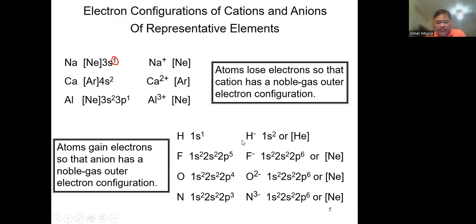As much as possible, atoms become more stable if they have the same electron configuration as the noble gas, because the noble gases are stable elements. That's why you call them noble gas, just like the noble people, they don't interact with ordinary people.